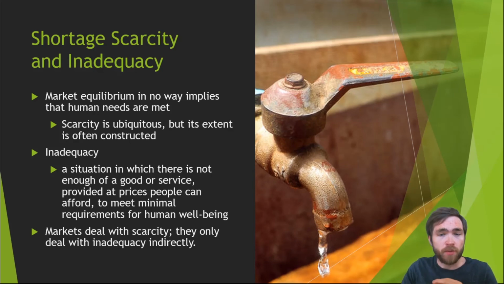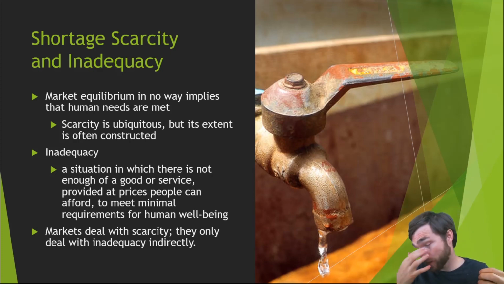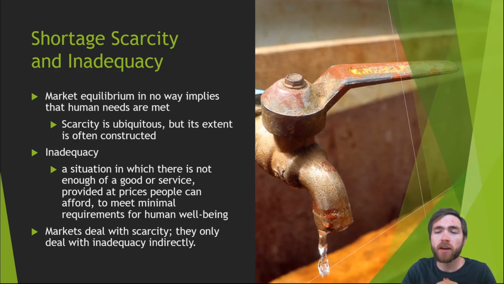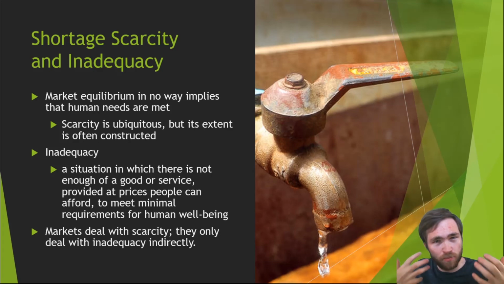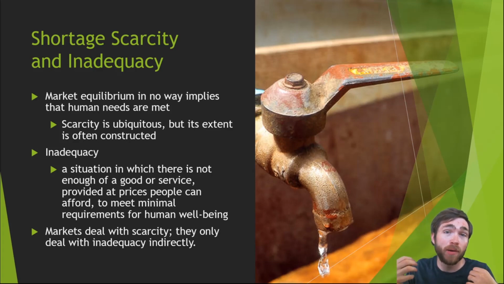It's also important to note that market equilibrium in no way suggests that human needs are actually met when the market is in equilibrium. Scarcity is ubiquitous, but the extent of this scarcity is often constructed by different powerful actors in the economy. So we need a different concept to deal with this rather than shortage and surplus, which have a market meaning that has little bearing upon actual human well-being.